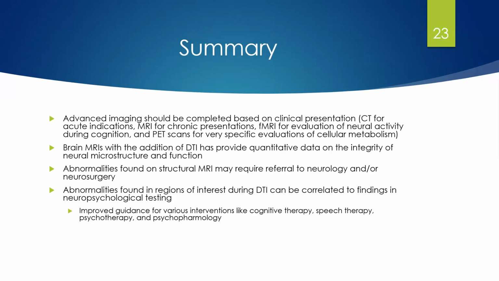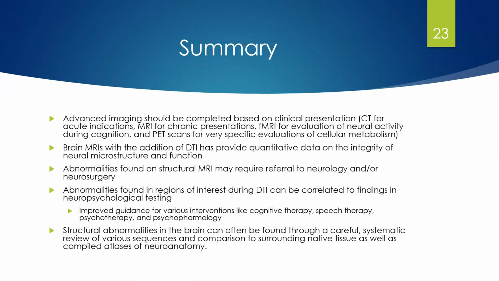Is that going to be the best treatment for this patient, or is the patient potentially going to benefit from something like psychopharmacology, like antidepressants or anti-anxieties or seizure medications? Can we titrate our drug treatment to what is going to be most effective for this person?